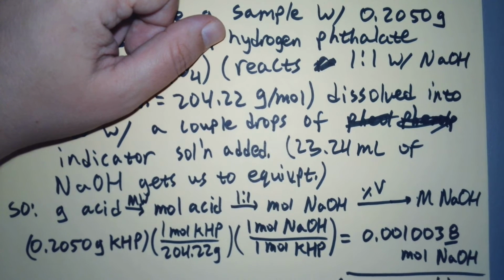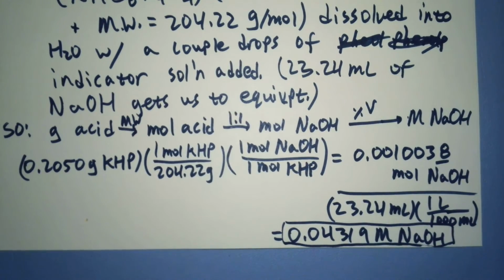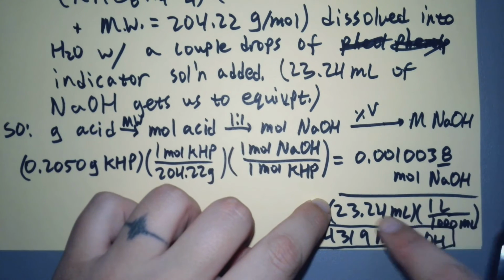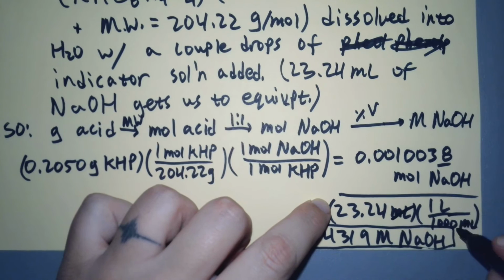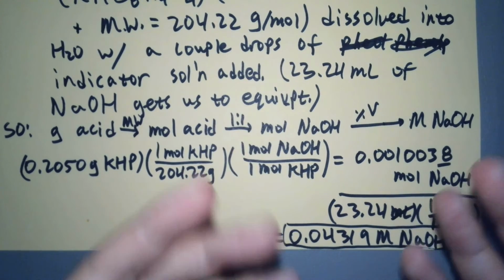So we have standardized our sodium hydroxide. I apologize, I didn't realize that went out of view. So I took my moles, I divided by my volume in liters, so I did a conversion here, so my milliliters go away, and that gets me moles per liter. There we go.